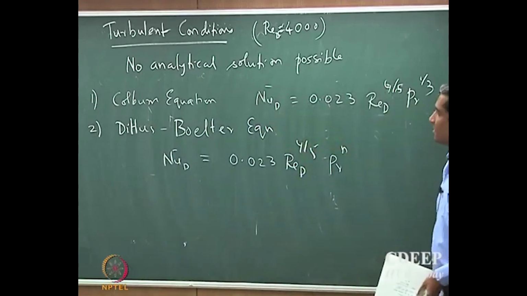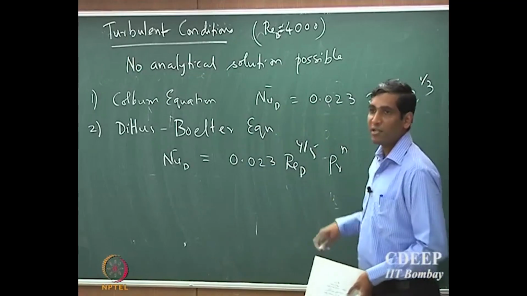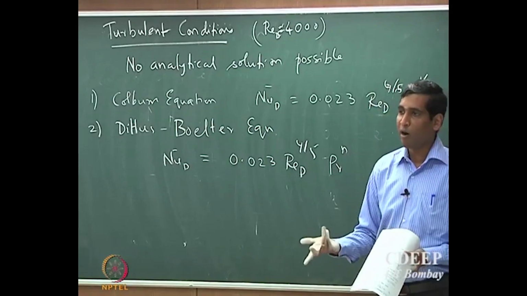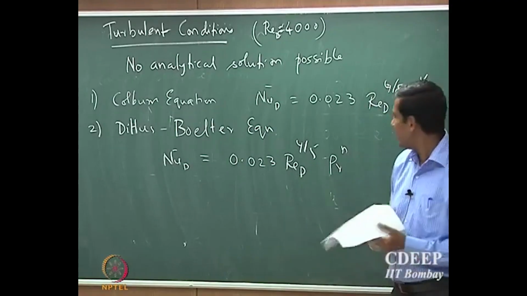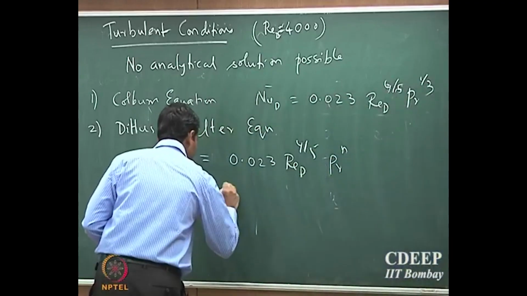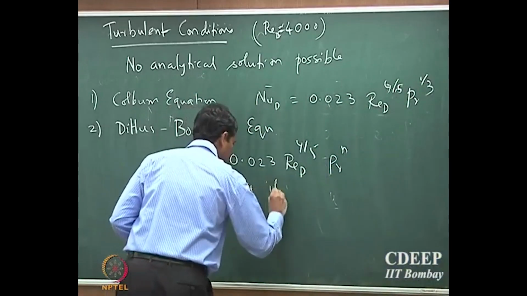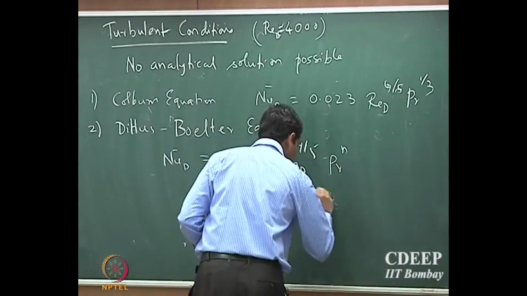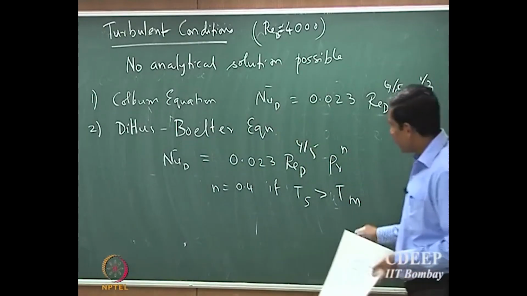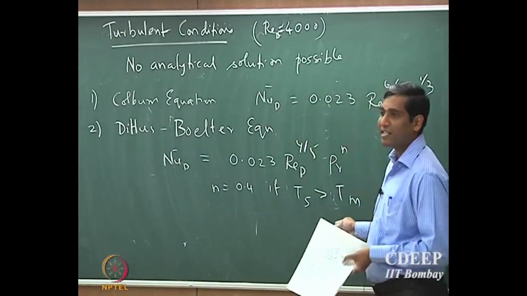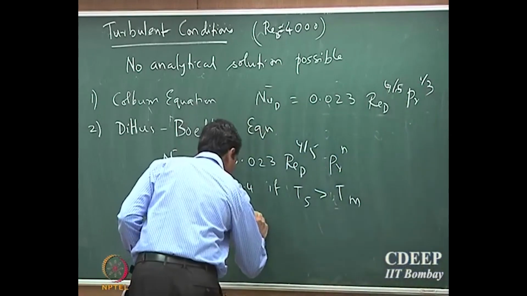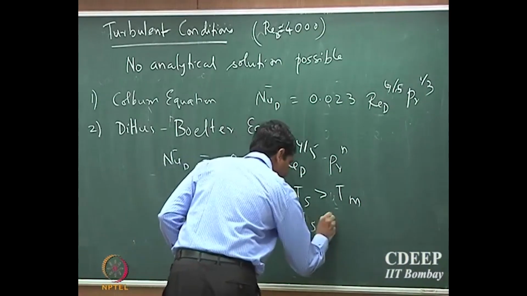So, the difference between Colburn and the Dittus-Boelter equation is that depending upon whether the heat is being lost from the fluid or whether the heat is gained by the fluid, the exponent n is slightly different. Okay. So, n is 0.4 if Ts is greater than the mixing cup temperature at any cross section. So, which means that there is net heat that is gained by the fluid, and it is 0.3 if Ts is less than Tm.